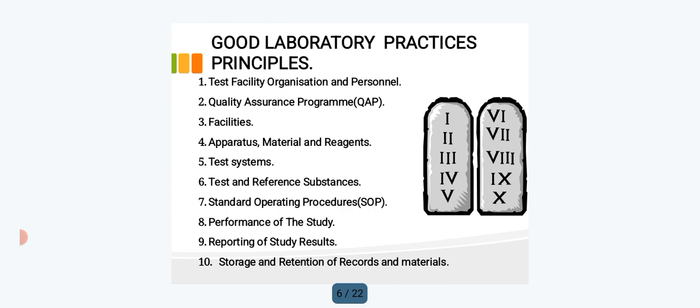Seventh, standard operating procedures. Eighth, performance of the study. Ninth, reporting of study results. And tenth, storage and retention of records and materials. These are the 10 categories of the main principles of GLP. Now we are going to discuss them one by one.